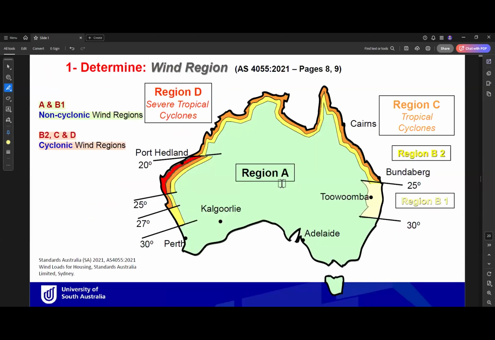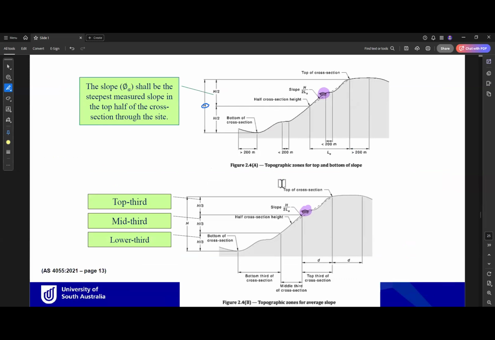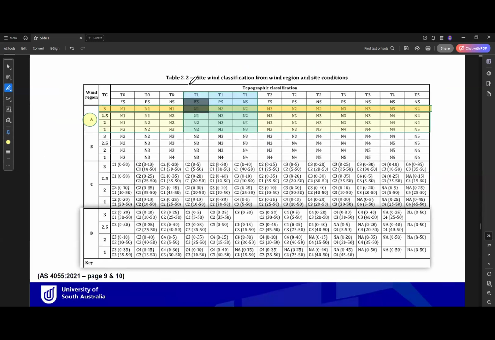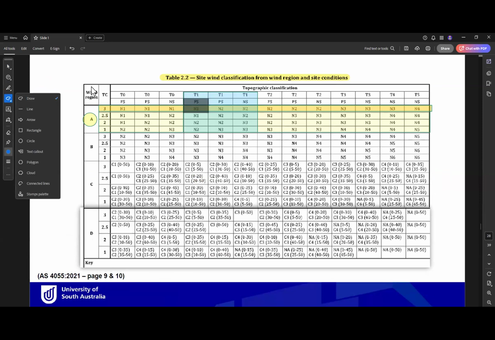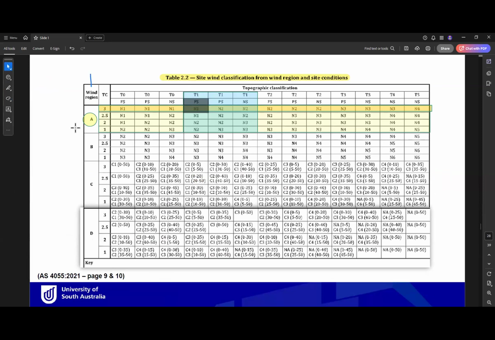So if we go to this table here, this table is the site wind classification based on the parameters we have found earlier. To enter this table, the first step is the wind region, so you need to find the wind region. Number two, you need to find the terrain category.